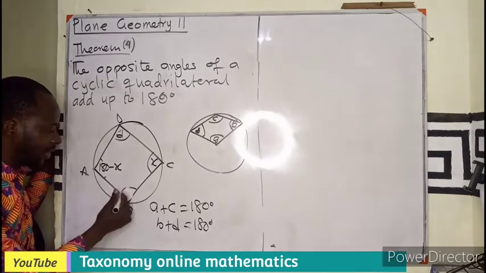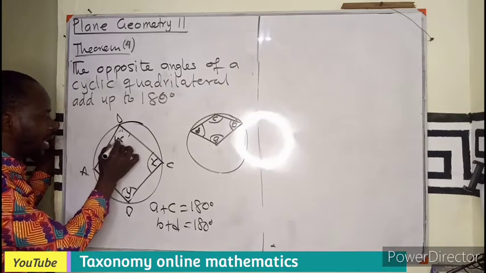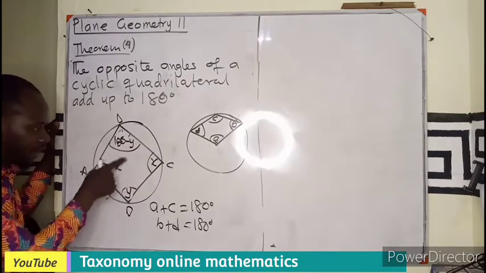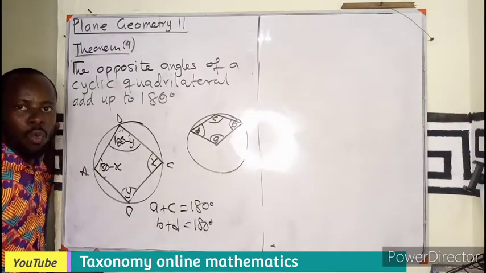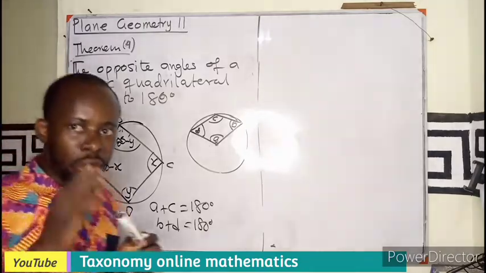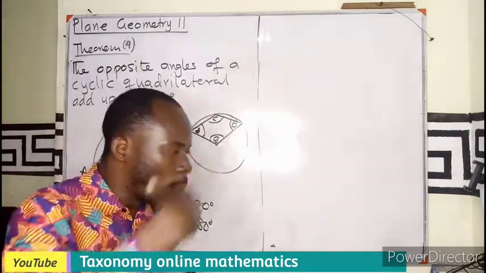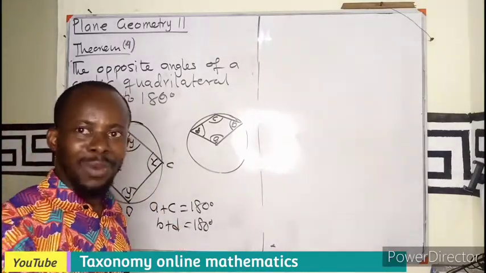If this angle is taken as y, then this will be 180 minus y, because this plus this, the y is positive and negative, so they cancel to give you 180. That is theorem 4. In a cyclic quadrilateral, the opposite angles add up to 180. Good. Let's take a question and see.